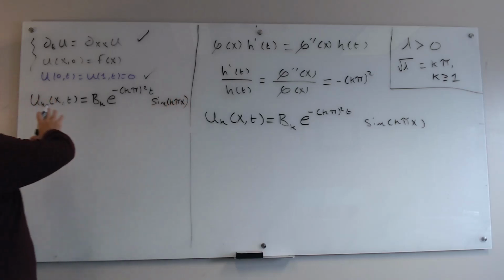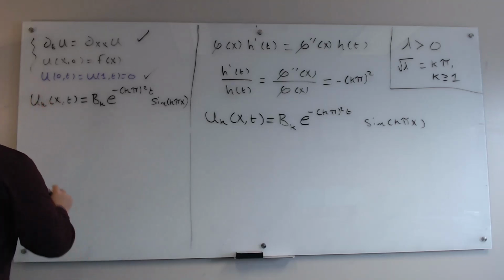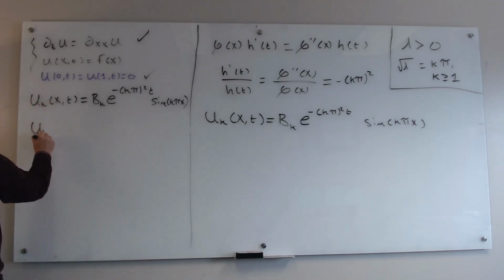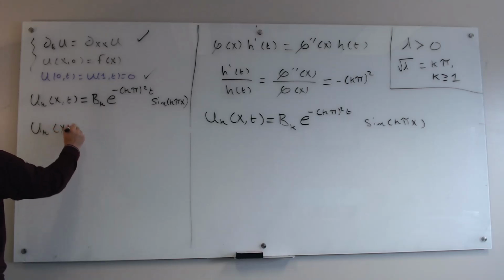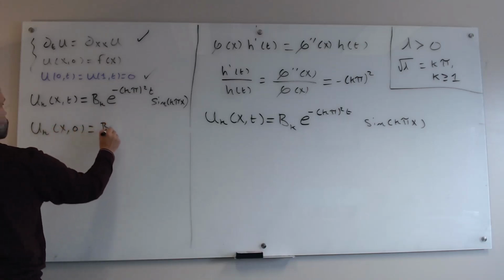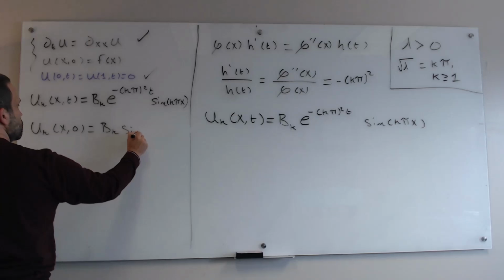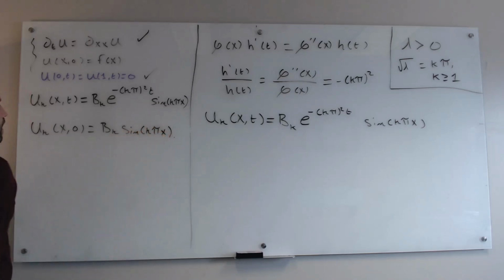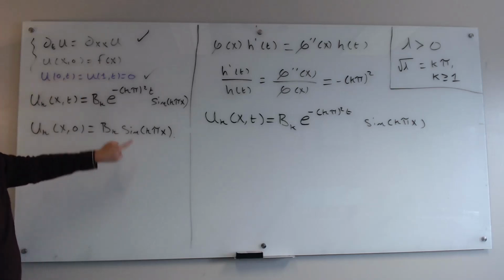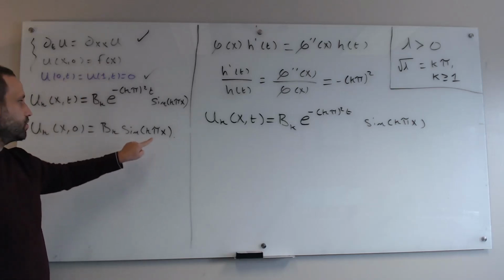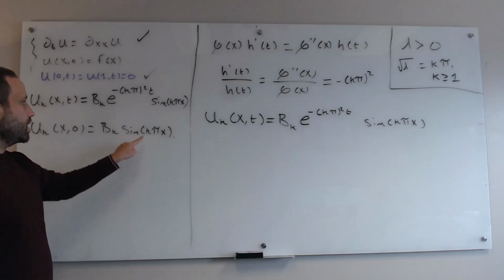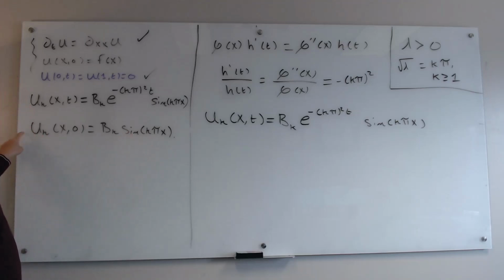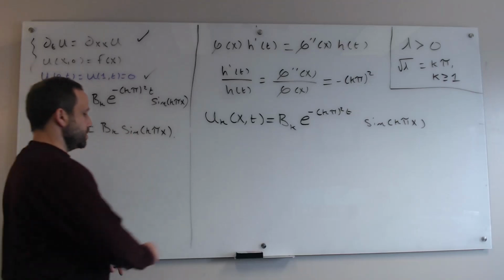Okay, so u_k of x,t is equal to this expression, but notice that if I plug in t equals 0, u_k of x,0 is equal to b_k sine of k pi x. Now unless f of x is equal to sine of k pi x for some k, or a multiple of sine of k pi x for some k, this is not going to satisfy the initial condition.